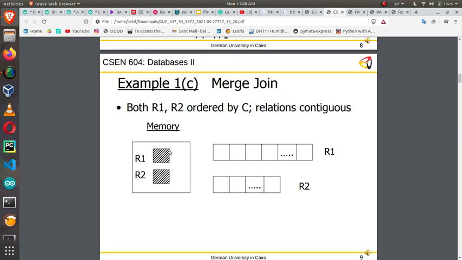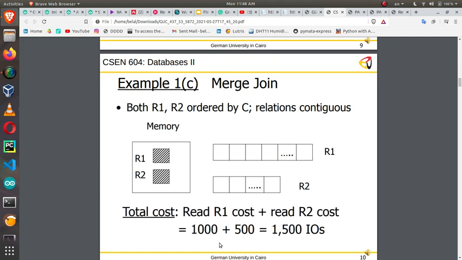The only cost is to load them and merge join them in the random access memory. So if R1 has 1000 blocks and R2 has 500 blocks, the cost of bringing them into memory is 1500 input-output operations.